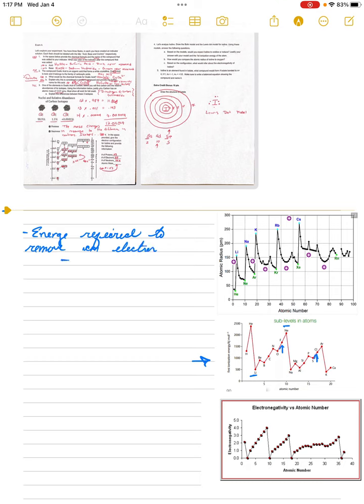By removing an electron, you cause it to ionize. That's why it's called the first ionization energy. It's the energy required to remove that first electron and make it into an ion. Now, if you have high ionization energy, it means it takes more energy to remove an electron.